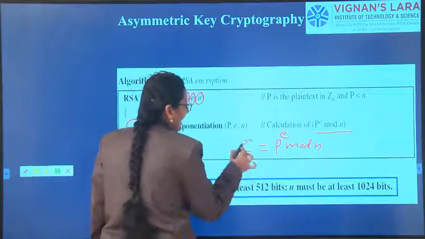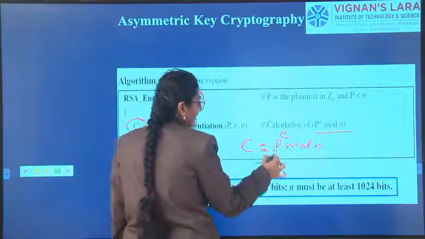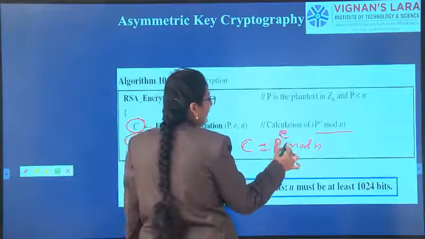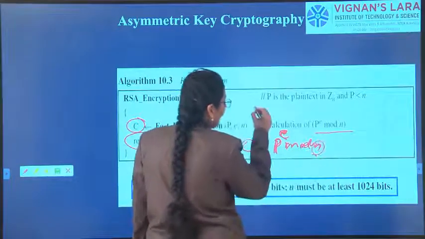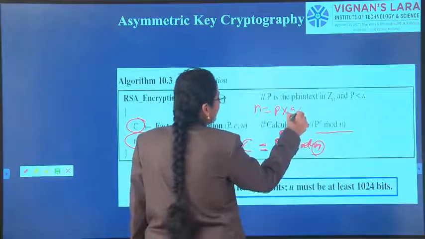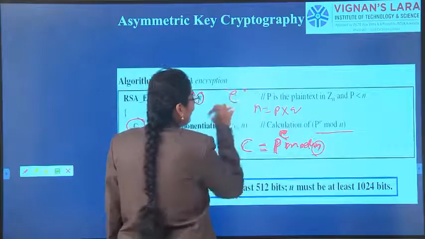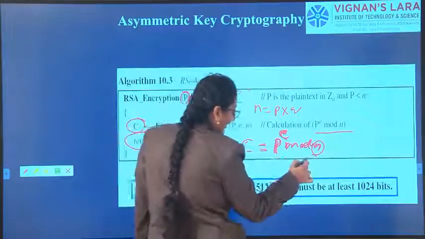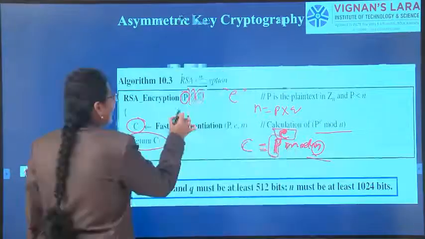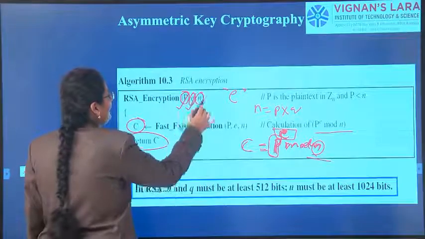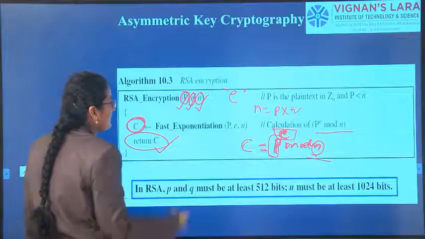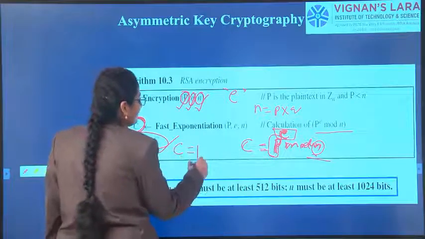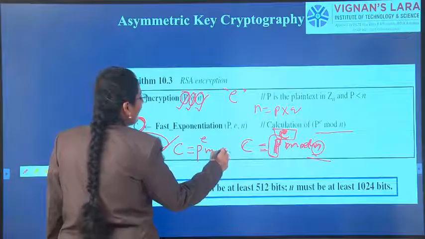This N value you already know, N equal to P into Q. E value you already determined. By taking plain text, E value and N value, you have to calculate C and return the C as output.